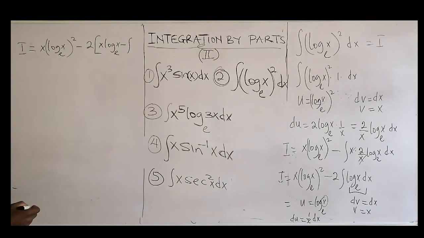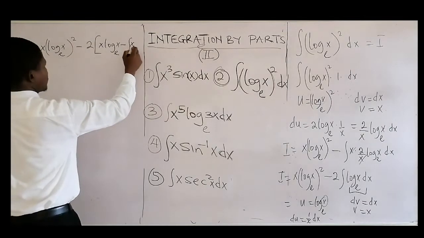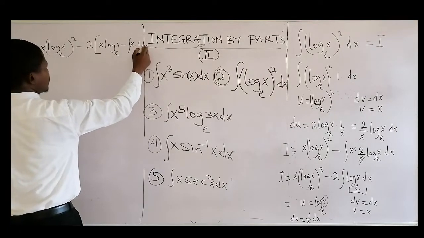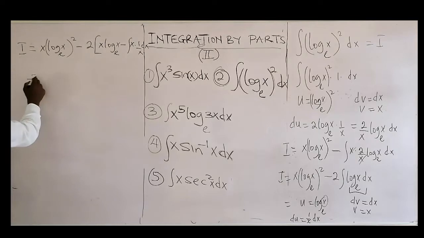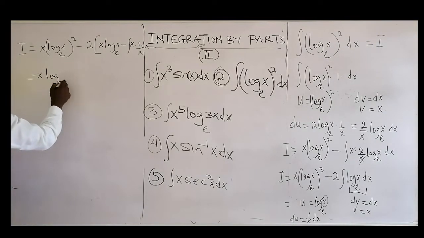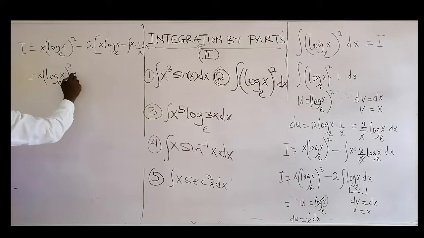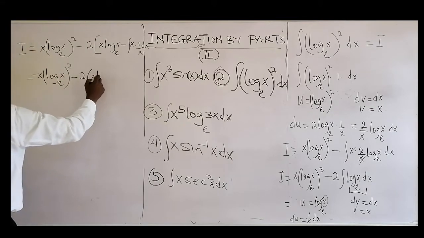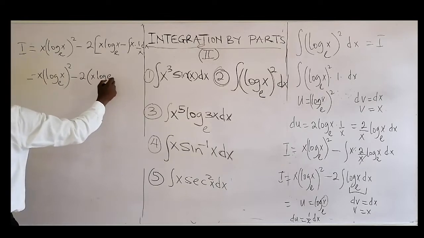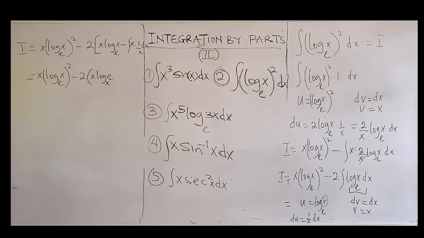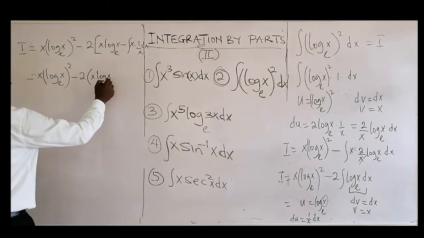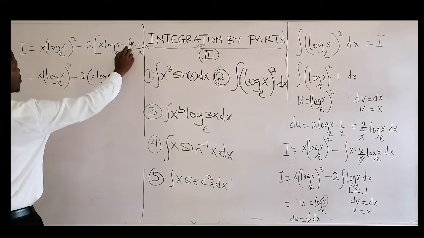v is what? My v is x, times du. du is 1 over x dx. Okay, so that gives me x log x base e, minus 2 into brackets, x log x base e, then this will cancel out.